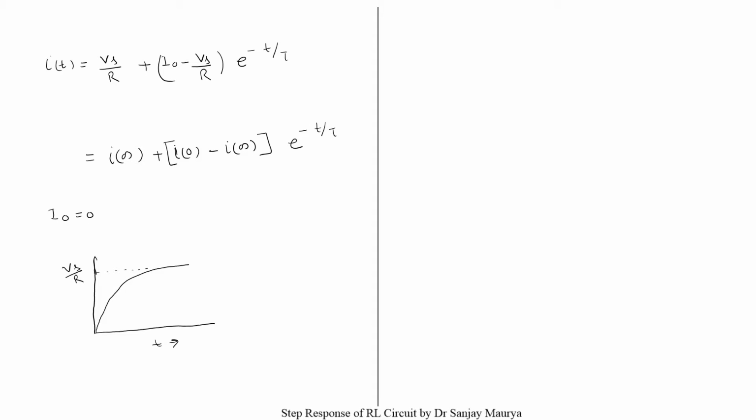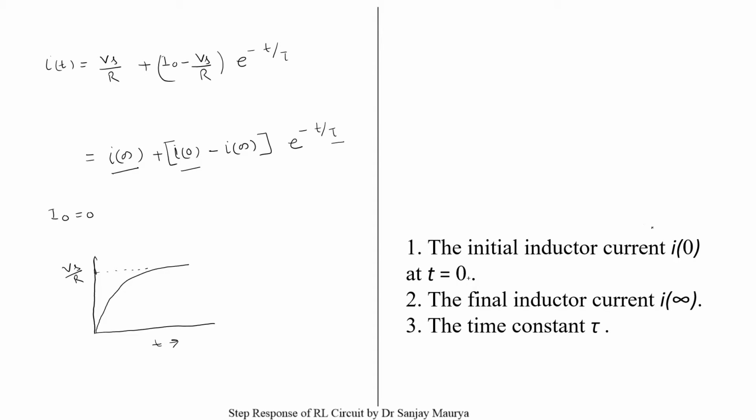So to solve such types of circuits, basically we need to find I infinite, I0 and the time constant. So just by determining all these values, I can solve the circuit.